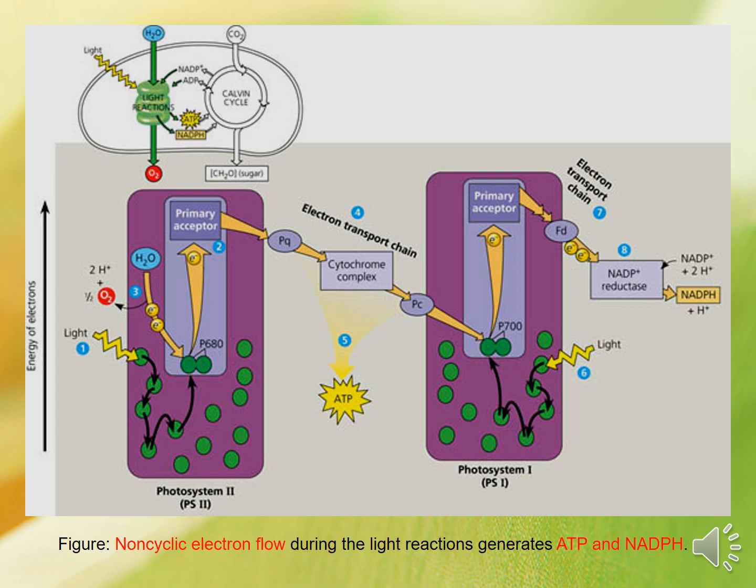Step number 4. Just now, when the electron was excited from chlorophyll A to the primary electron acceptor, it goes down the electron transport chain. The electron is passed to plastoquinone first, PQ, then to the cytochrome complex.